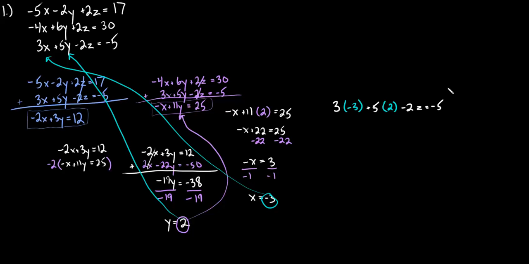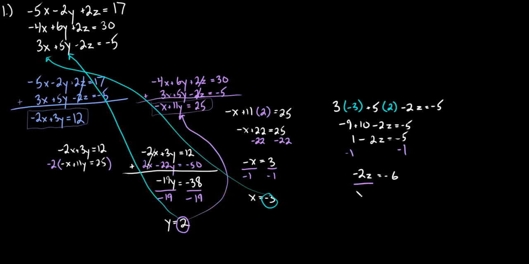Now I can simplify this and solve for z. I'm going to have negative 9 plus 10 minus 2z is equal to negative 5. So it's going to become 1 minus 2z is equal to negative 5. I can subtract 1 from each side to get negative 2z is equal to negative 6.